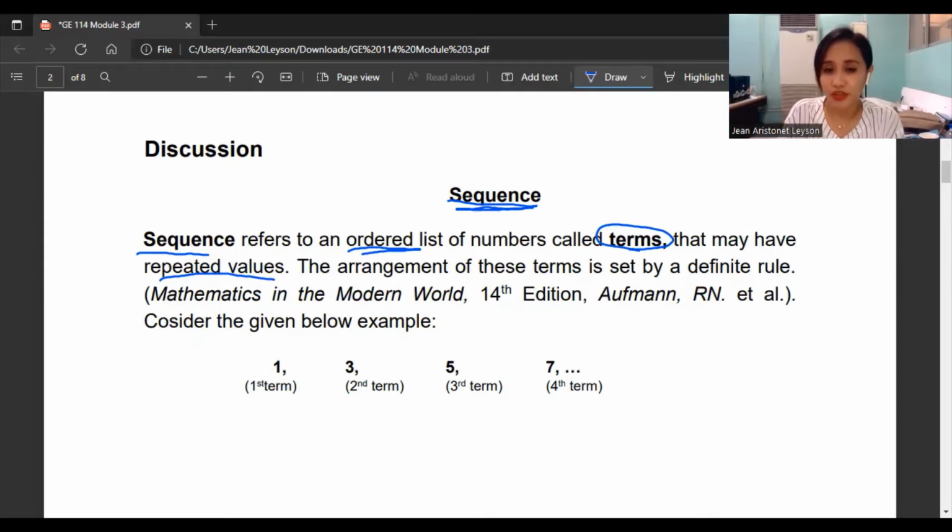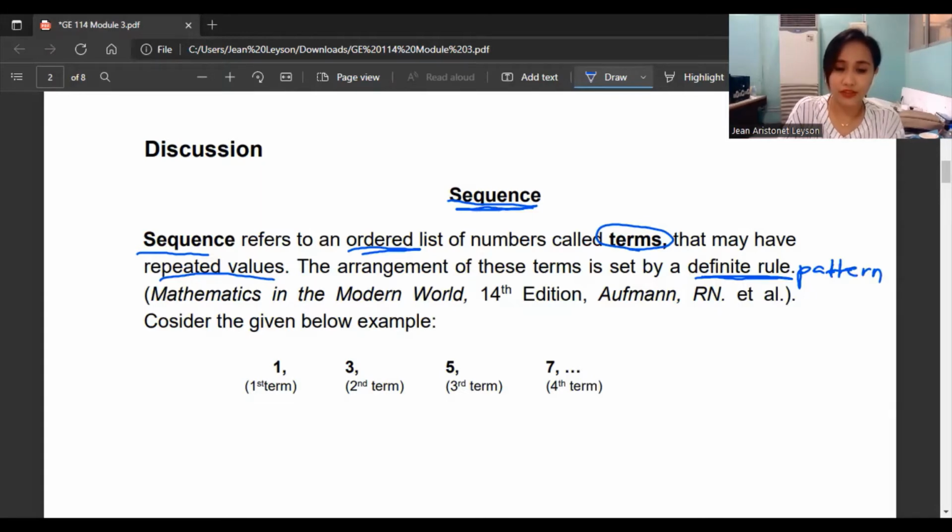The arrangement of these terms is set by a definite rule. For it to be called a sequence, there should be a rule, or we simply call that a pattern. So we should observe a certain pattern in those set of numbers. Consider the example below.